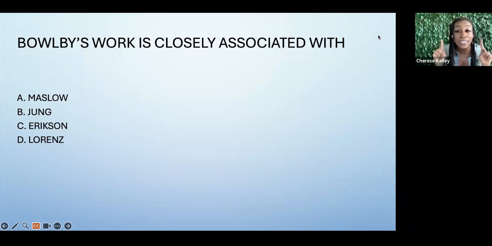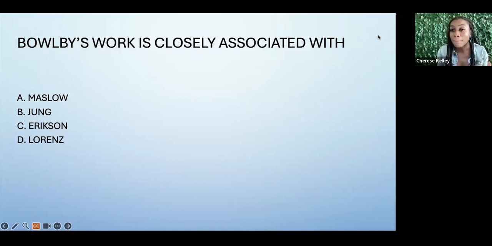Erikson. I did mention Erik Erikson as trust versus mistrust, but he is not an attachment theorist. He's a developmental, social guy. And I don't see anything on here asking about his 8 stages and that piece of development. So I've crossed out A, I crossed out B. D sounds like what Cherese mentioned, but let's see who Lorenz is.